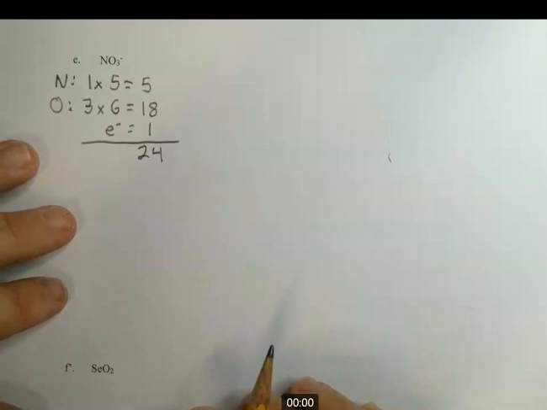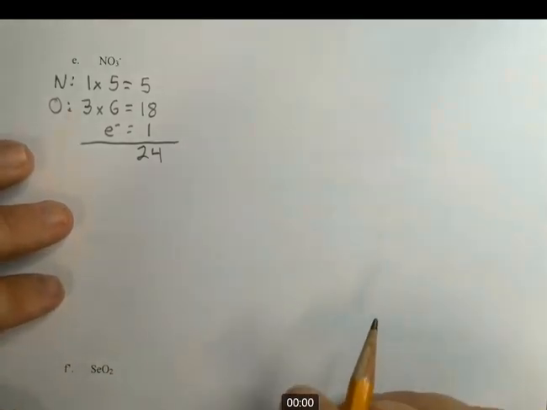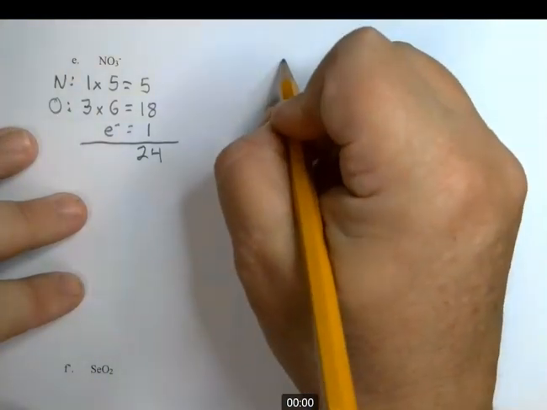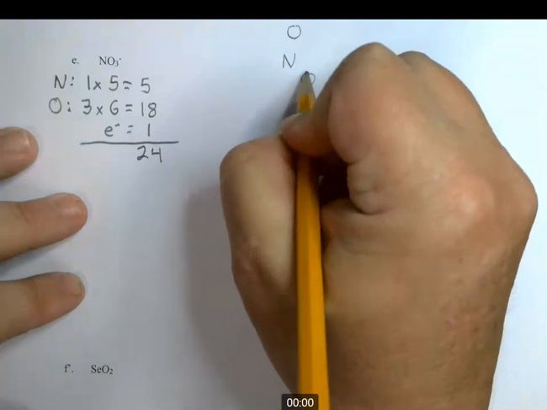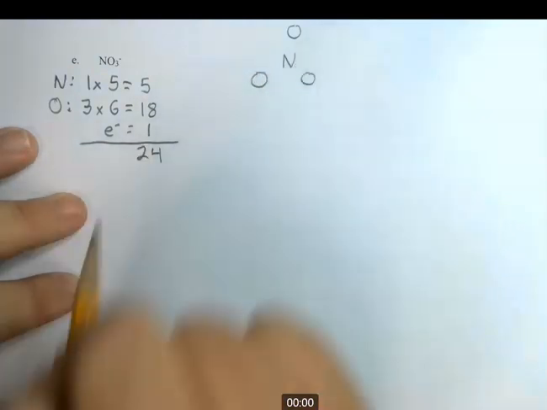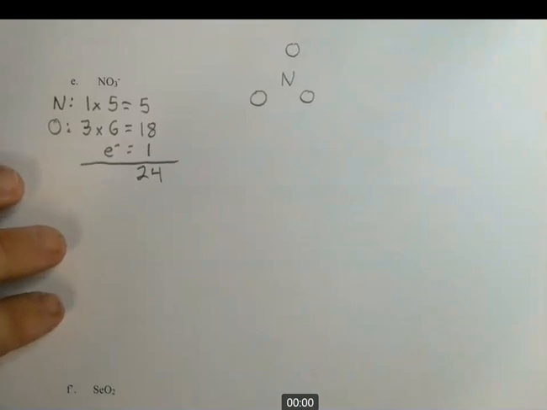All right. So NO3, what would that look like? Well, we tend to want to think that it's going to look like a nitrogen with oxygens on each side of the nitrogen. That's a possibility. We don't know for sure, but we're going to maybe guess that that's the case.